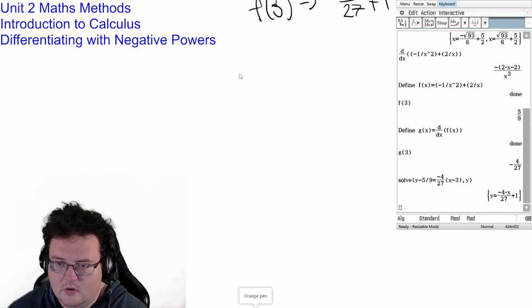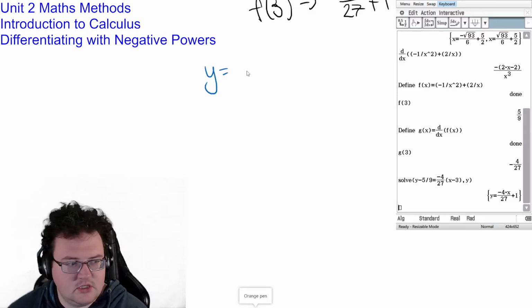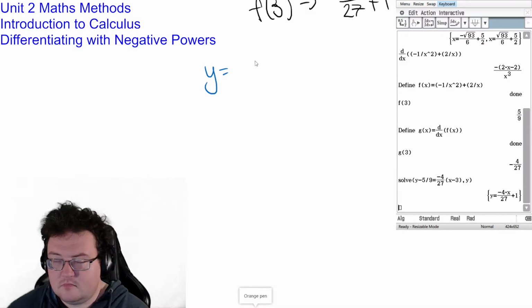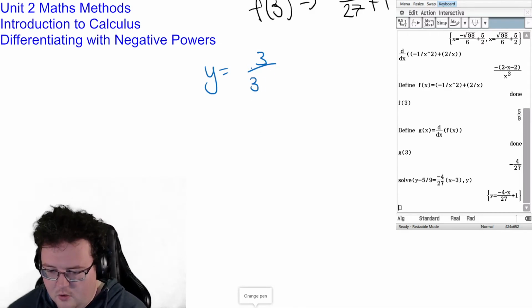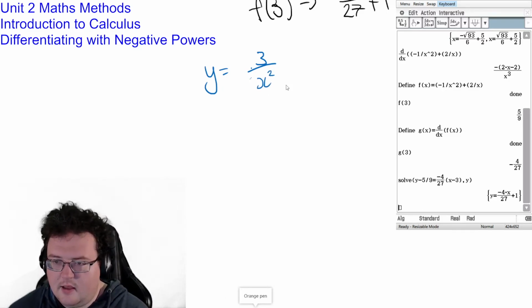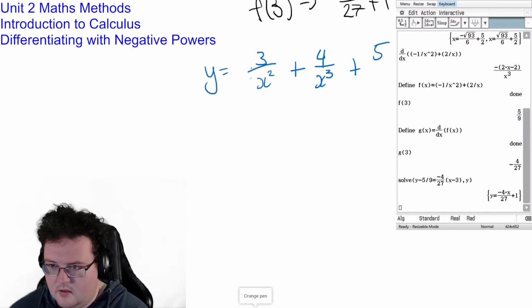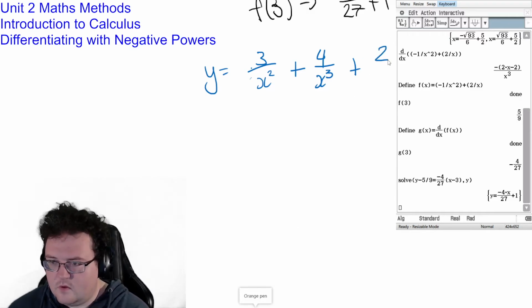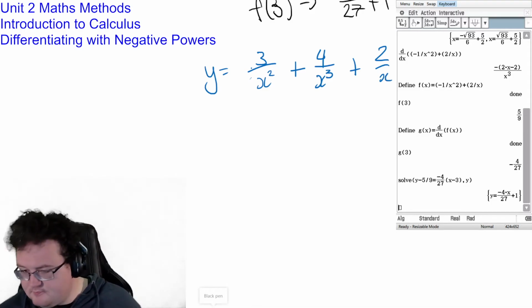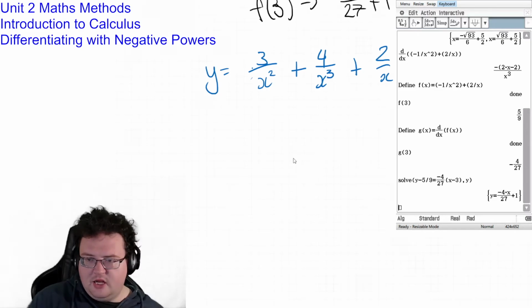Let's go y equals 3 over x squared plus 4 over x cubed plus 2 over x. So this is the new equation that we're going to be working with.